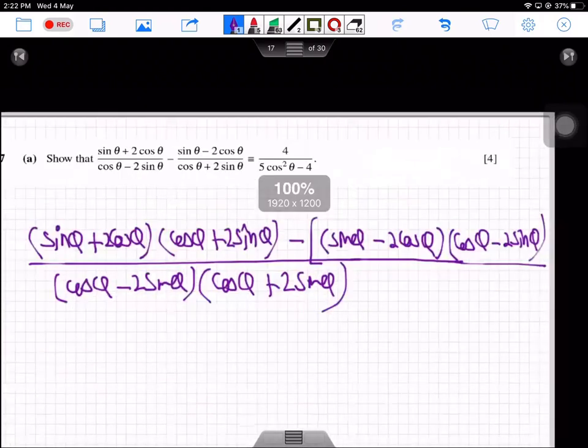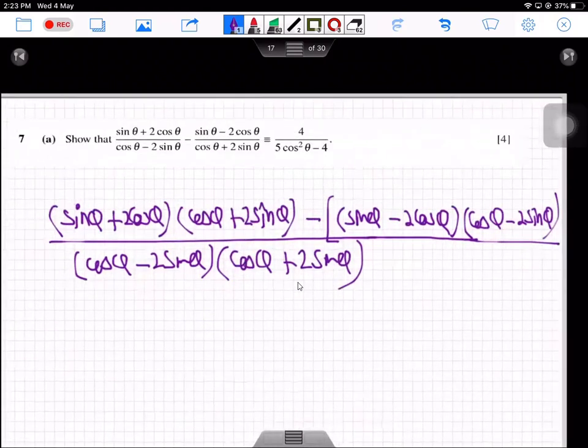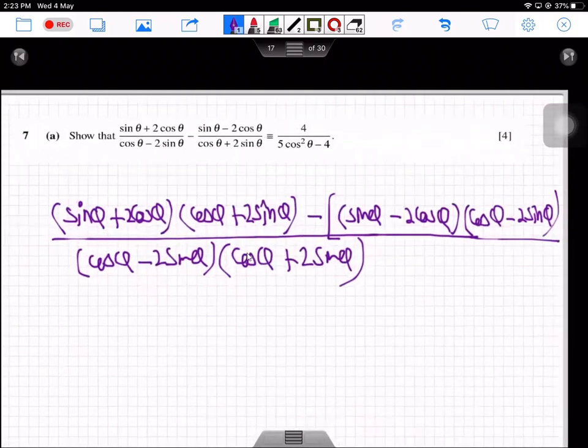You need to expand the numerator, simplify it. And in the denominator, as you can see, this is a form of a minus b multiplied by a plus b, which can be expanded as a square minus b square. Okay. So in the denominator, I'm going to use the form of a square minus b square.